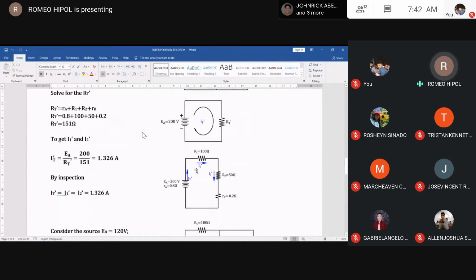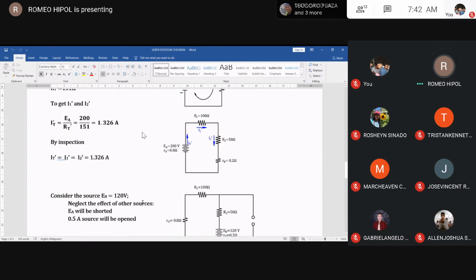Meaning the current flowing at R1, ito yung mga directions natin, R1 and R2. So they are the current I1 prime and I2 prime. And then to get I1 and I2, since we have a series circuit, yung current flowing at R1 and R2 are the same, which is equivalent to 1.326.